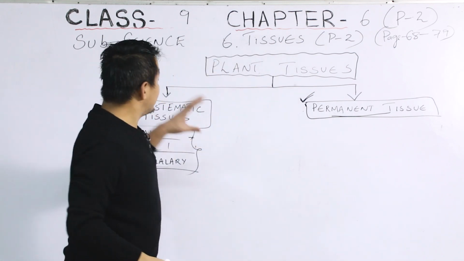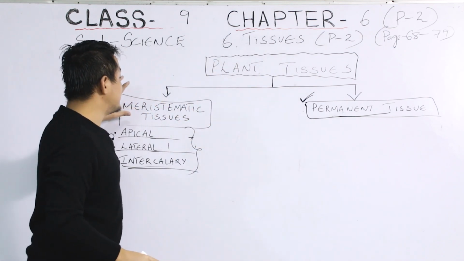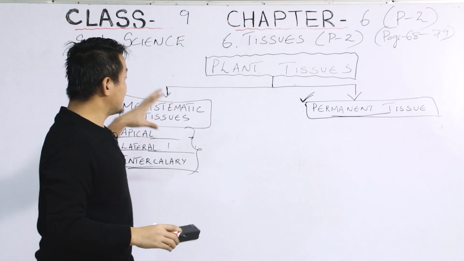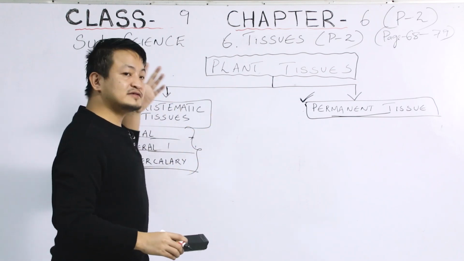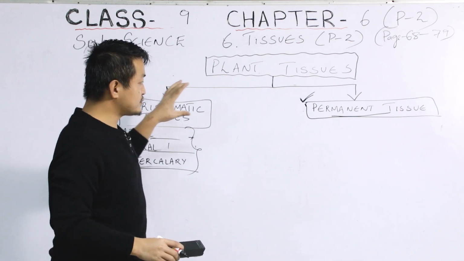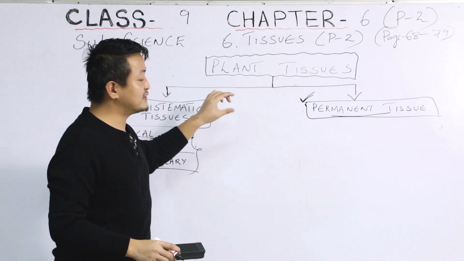Once the meristematic tissue stops, the permanent tissue takes up the activity.